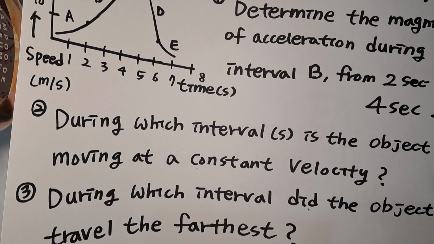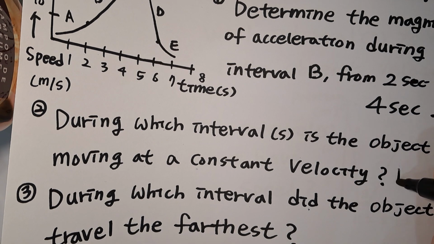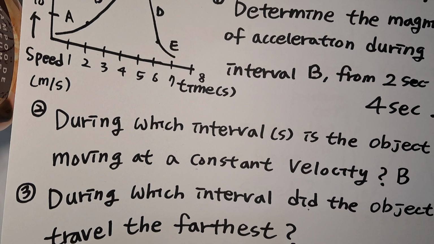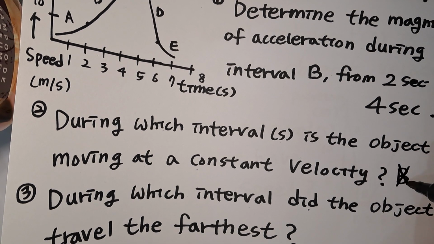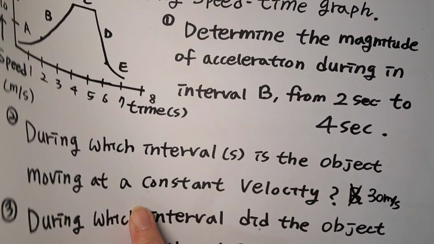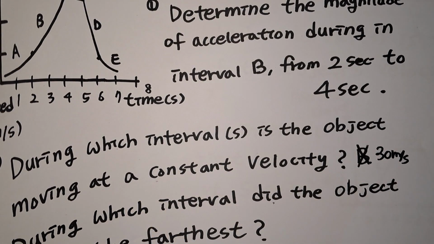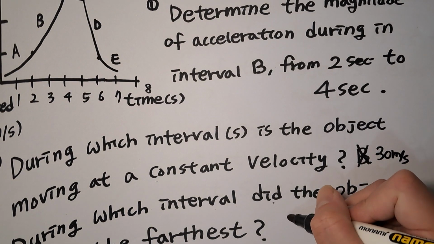So the answer of this question is B, and the answer of the second question is C, 30 meters per second, and the answer of the third question is B.